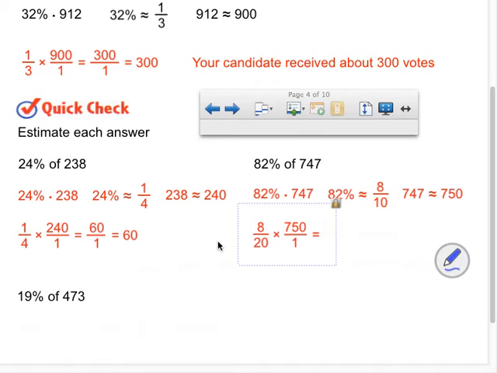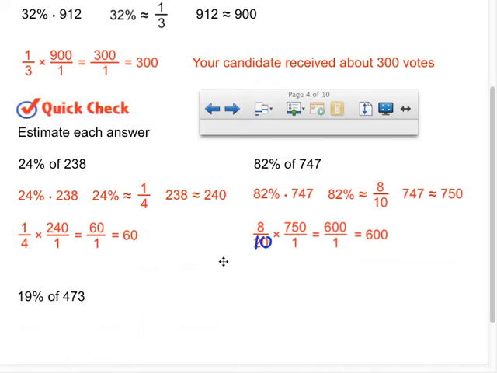That should be a 10. Okay. Sorry about that. Okay, 8/10 times 750. What happens to 750 and 10 when we cross cancel? What's the numerator become over here? It just becomes 75. And then 75 times 8, what is that? 600. It's 600. So we get 600 over 1.